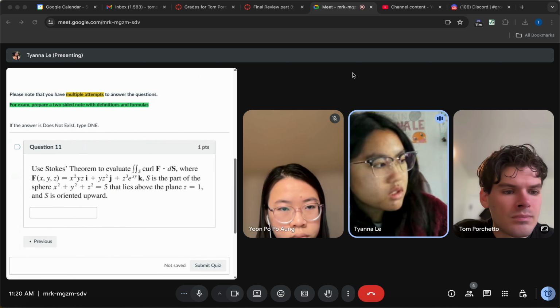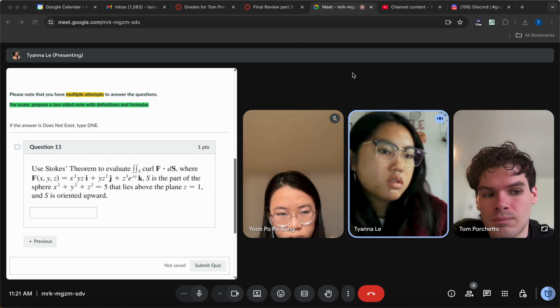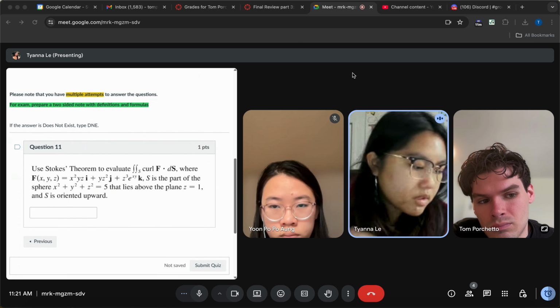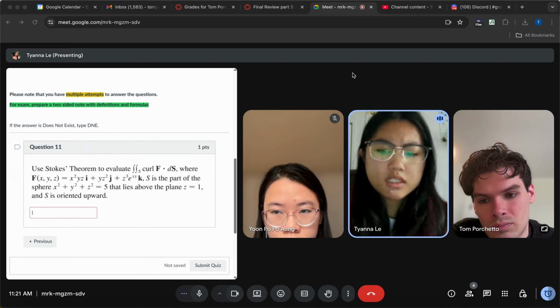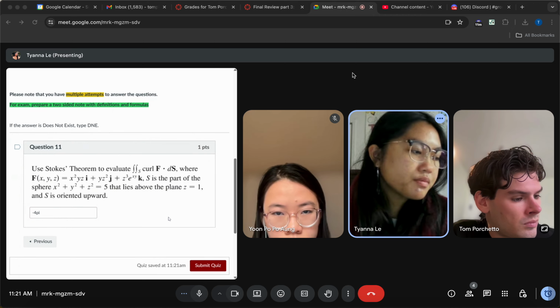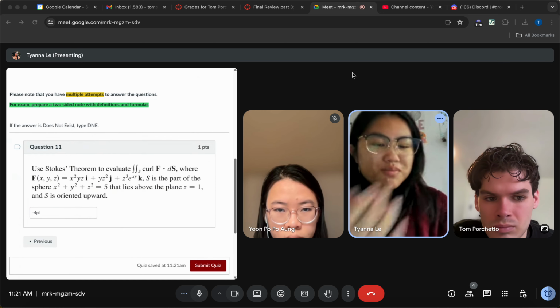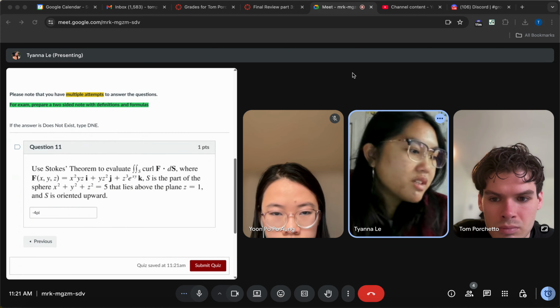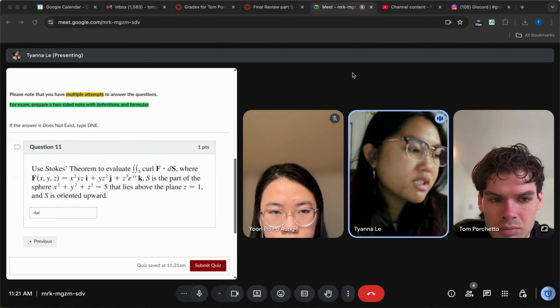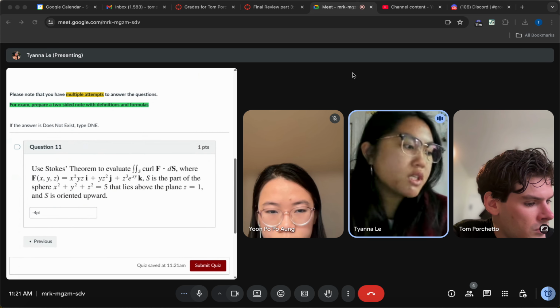And then the last question. Use Stokes' theorem. For this, I got the answer as negative 4 pi. S is the cap of the sphere based on the question. The sphere is x squared plus y squared plus z squared equals 5 above the plane z equals 1.